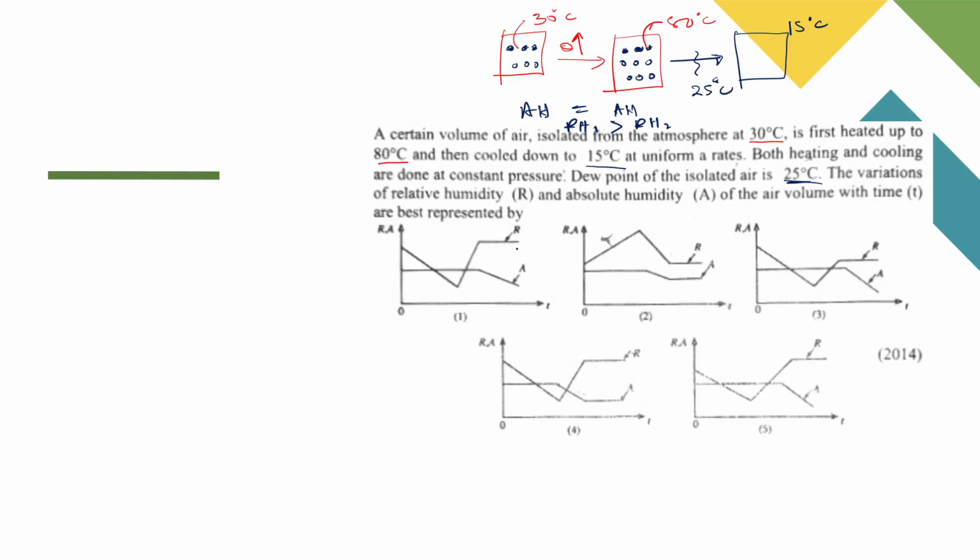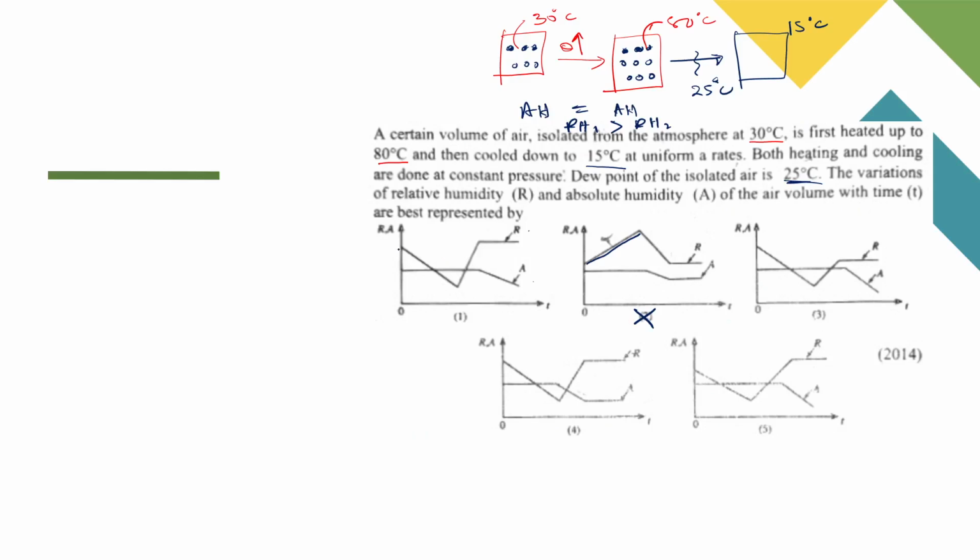Let's look at the graph, RH and AH. When I increase the temperature, RH has to reduce. So the second answer says that RH is increasing, which is not possible. Then the remaining answers are possible.